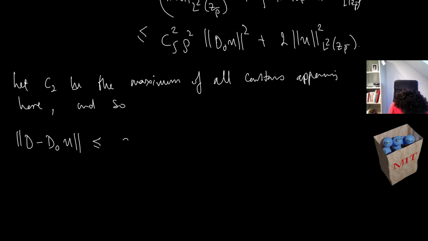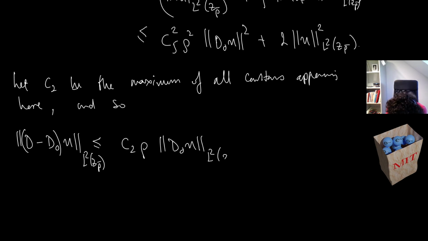And then we get something like C2 rho, oh sorry, d naught of u L2, so this is L2 over this cylinder Z rho bar plus some other constant that we cannot control, so call it C3, well, we already had C3, so C2 tilde U L2 Z rho bar.